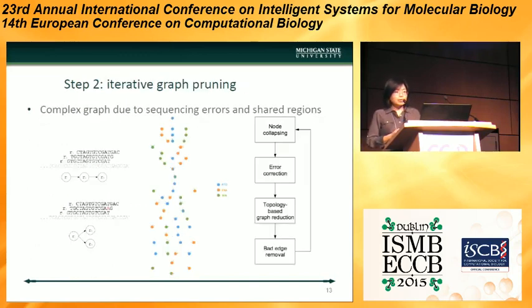After we build the overlap graph, the initial graph is very complicated. As shown here, we have 3 species. You can see there are still edges connecting different species. We want to break those edges. In addition, there are sequencing errors. There are conserved regions, that is, chimeric nodes, shared between different species. So we use existing error correction methods, such as those based on topology search, which can remove the tips and bubbles.